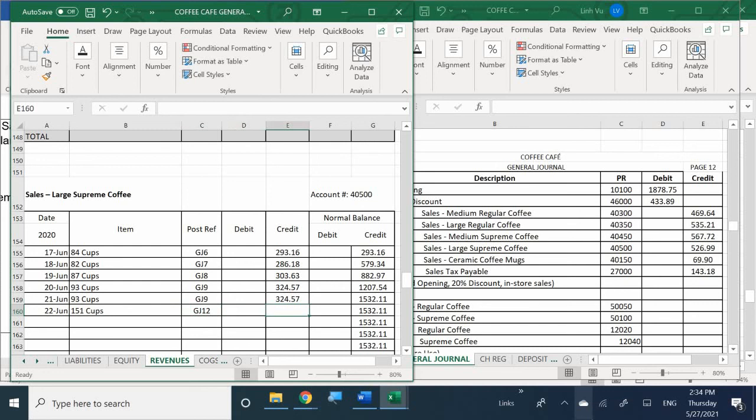Credit at $526.99, which brings our running total to $2,059.10. Yes. Okay, good.